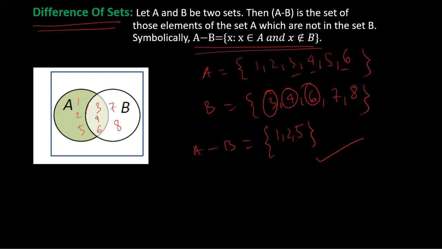That means what is A minus B? Elements of B will be subtracted from A, so 1, 2, and 5 will remain. If they would have asked B minus A, the set A will be subtracted from B, and 7 and 8 will remain. That is nothing but the difference of two sets.